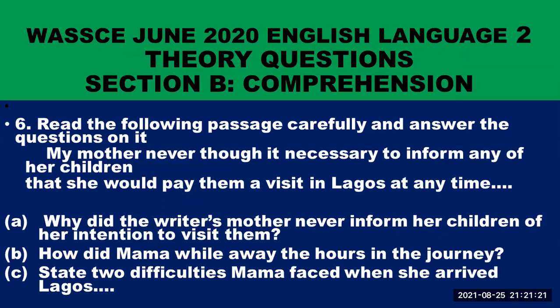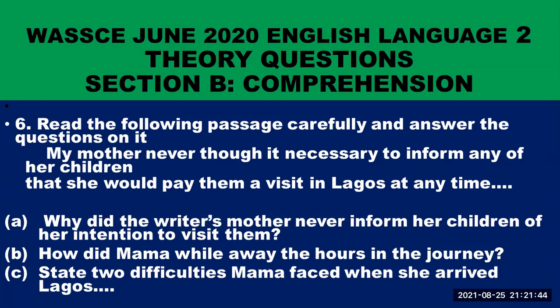Read question 6, of course. Read the following passage carefully and answer the questions on it. My mother never thought it necessary to inform any of her children that she would pay them a visit in Lagos at any time. Now, this is the beginning of the passage, and we are not going into the full passage. Check the description section.